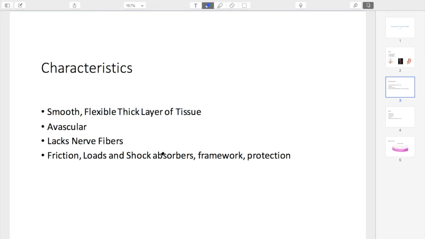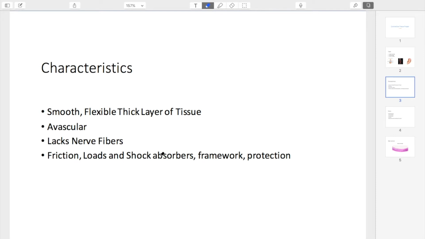If you have stress, they absorb that stress, that shock. These cartilages are the framework for the body, and they protect the underlying tissues. Whatever tissues underlie the cartilages are protected by this type of cartilage.